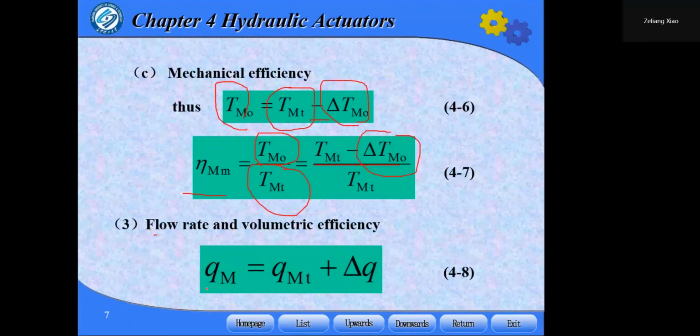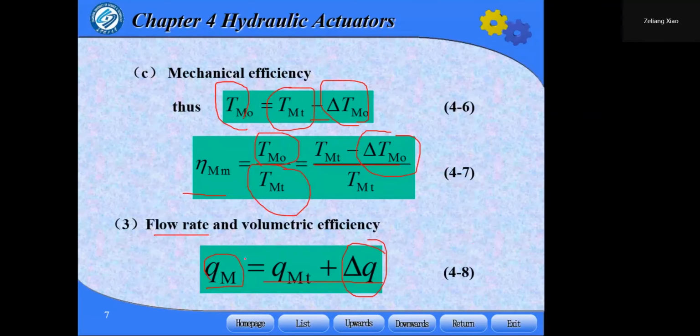The flow rate Q_M and the volumetric efficiency. The flow rate equals this one plus an increase ΔQ. ΔQ denotes the loss in the actual working condition.